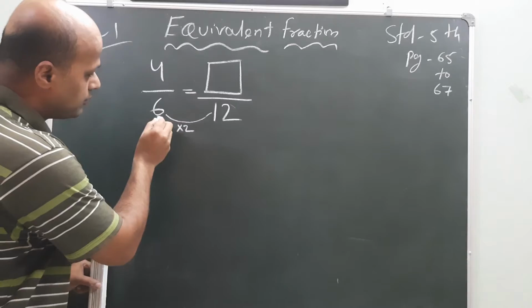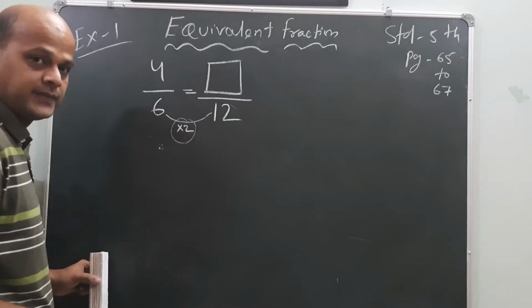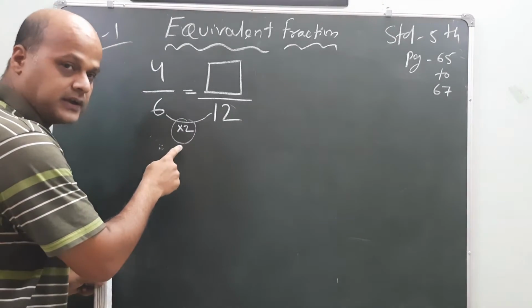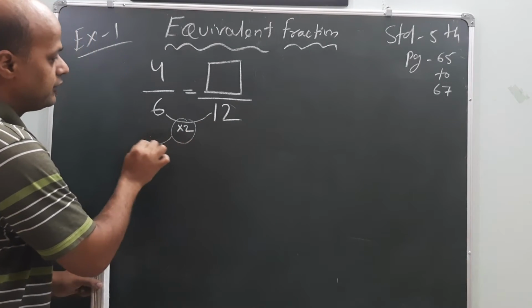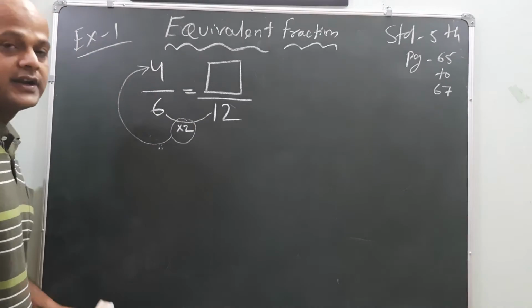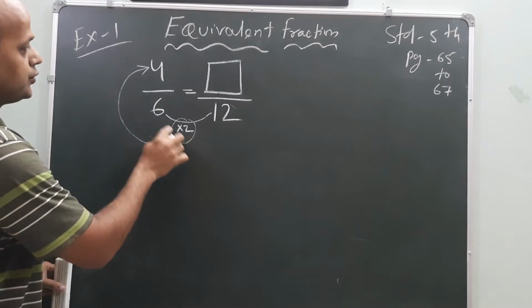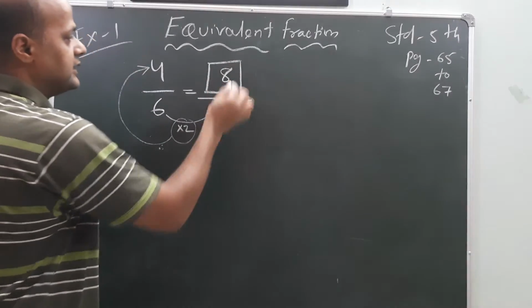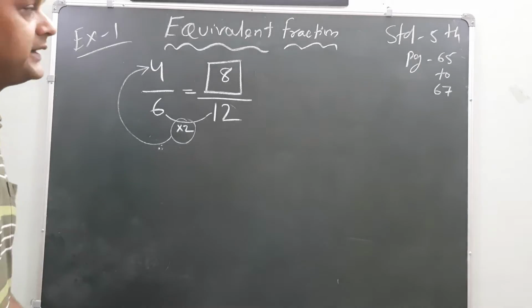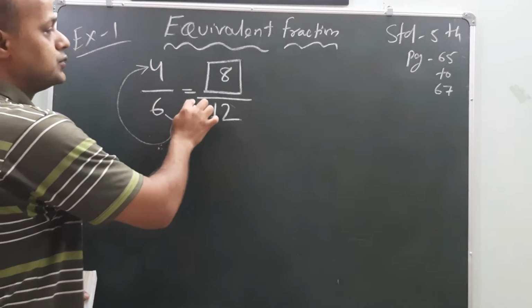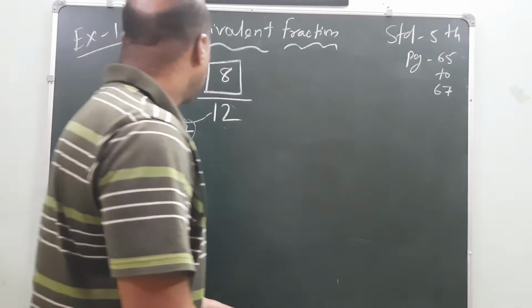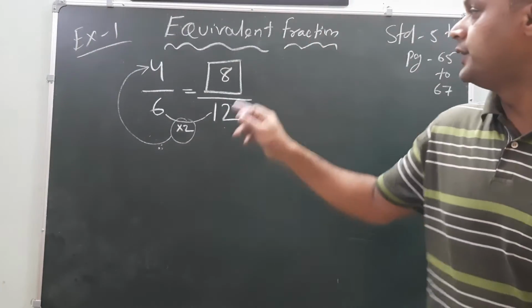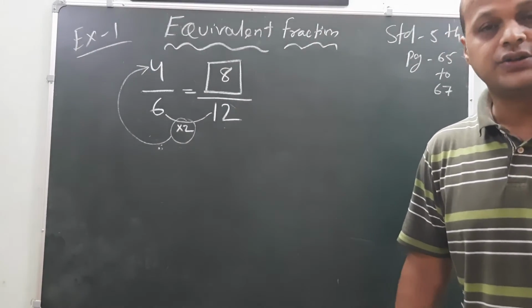Now, whatever you multiplied here, that same number will be multiplied with the numerator. 2 4s are 8. Now I will say that 4 by 6 is equal to 8 by 12, or 4 by 6 is equivalent to 8 by 12. Understood?